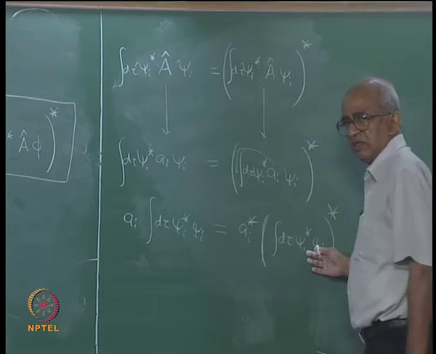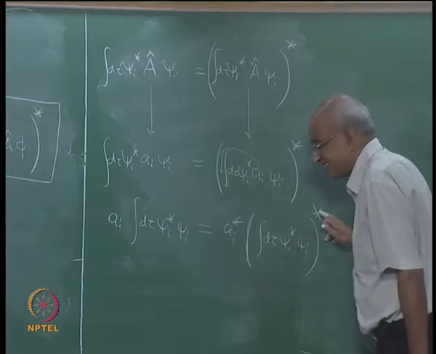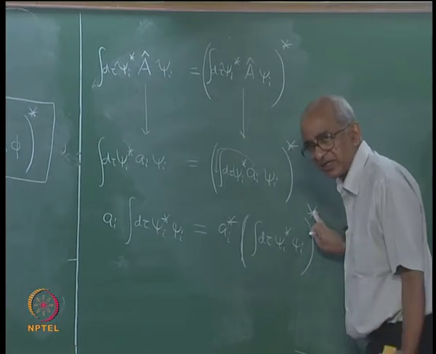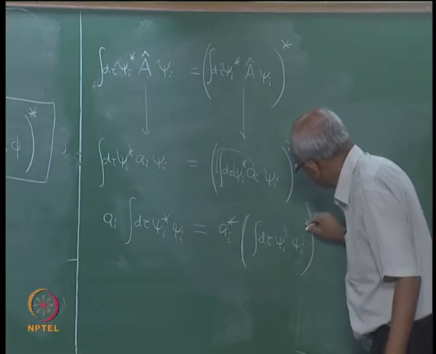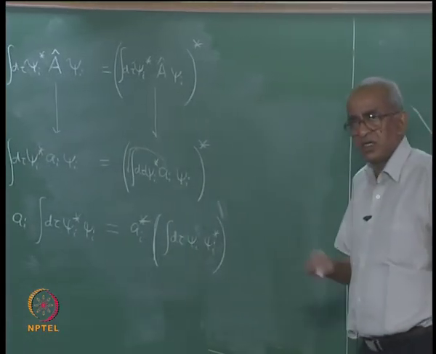So, if you took it inside, what will happen? I will have psi I star star, double star is equivalent to doing no starring. So, this star and that star I can remove, but when I take the star inside, it is going to get here. So, that is what happens.